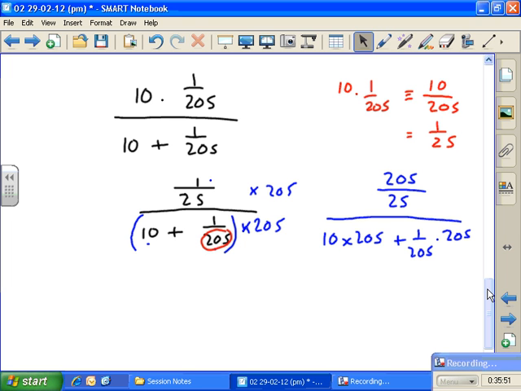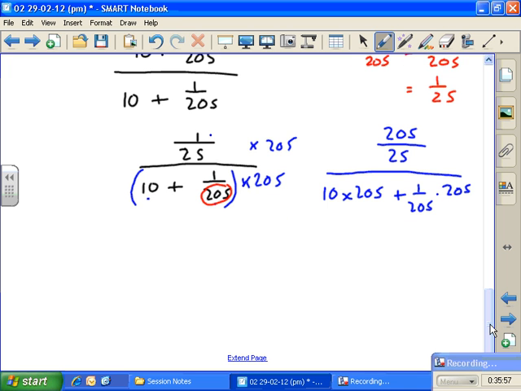So if we do that, we're left with this. This equals 20s over 2s. The s's cancel. 20 divided by 2 is 10 over 200s plus 1.